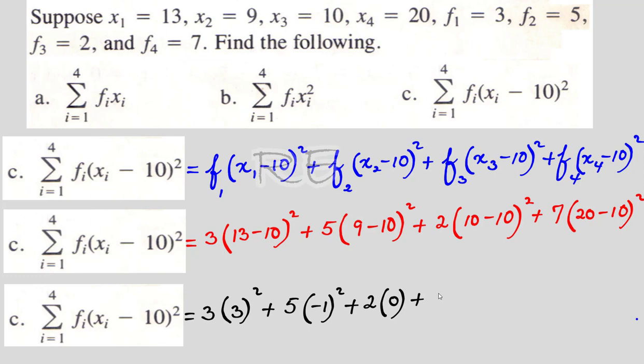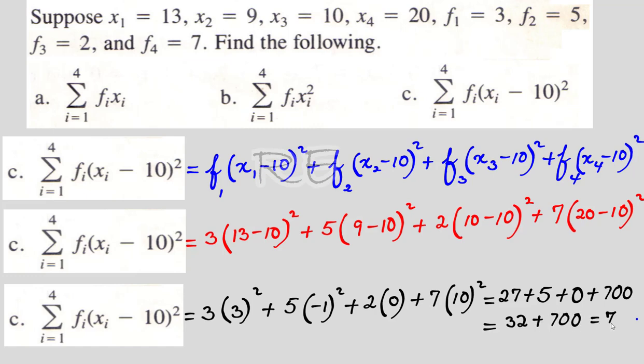We don't have to square it. 7 times 20 minus 10, 10 squared. 3 times 9, 27. 5 times positive 1, 5. 2 times 0, 0. And 7 times 100, 700. We get 27 plus 5, 32, plus 700. The answer is 732.